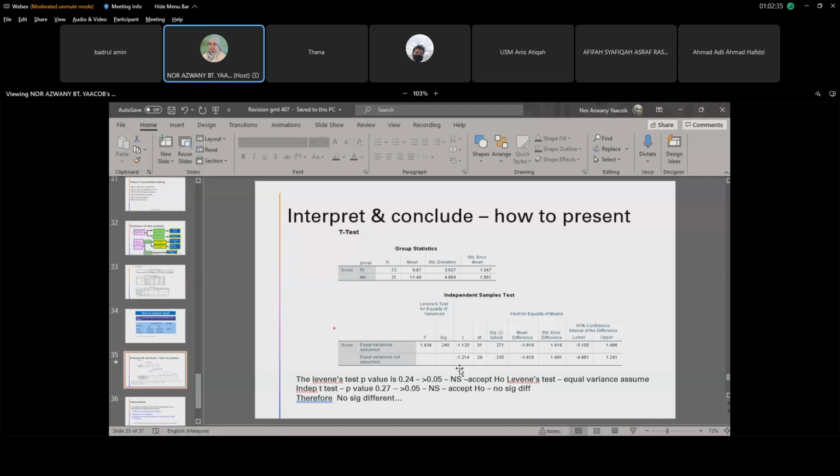If it is not significant, equal variance assumed, you ambil sig yang row pertama. Kalau yang ni significant, that means equal variance not assumed, then you tengok row kedua. Okay, baik, Prof. So nak tulis tu, you kena tulis semua ni. Barulah cukup, lengkap.